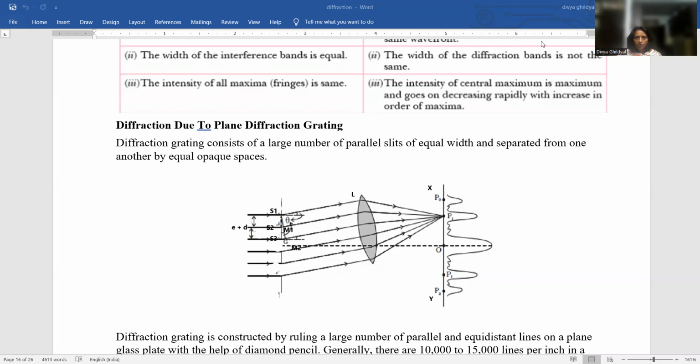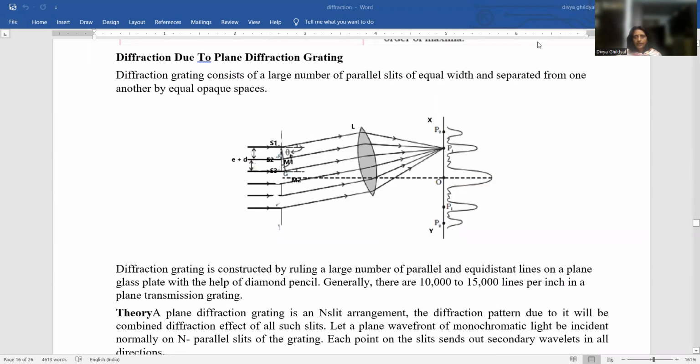Now, the word grating is new to you. So first understand what is meant by the term grating. You studied diffraction at a single slit, then a double slit. Now you are studying n number of slits.